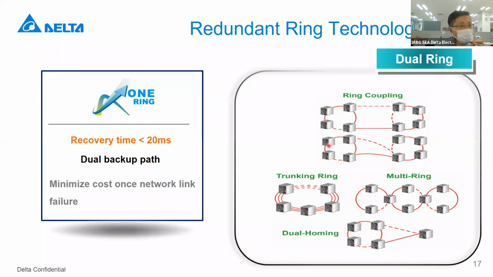So actually in the factory, the network is very complicated. So for the network, you need to have a clear design in the beginning. You may see this kind of design in the system design at the beginning.